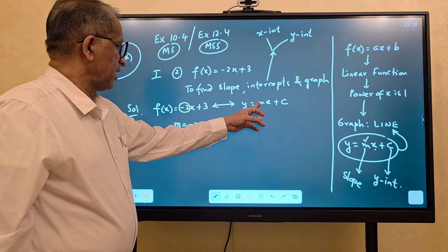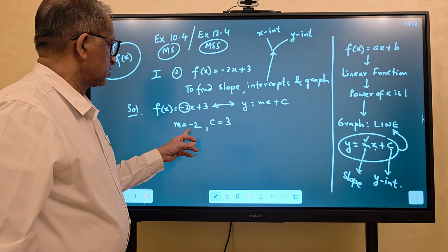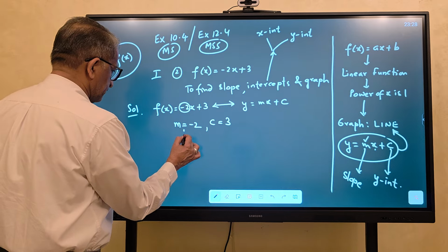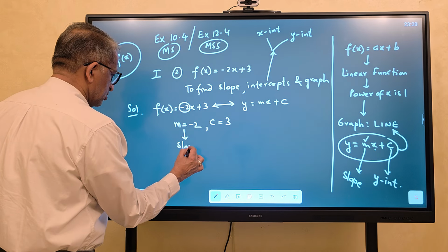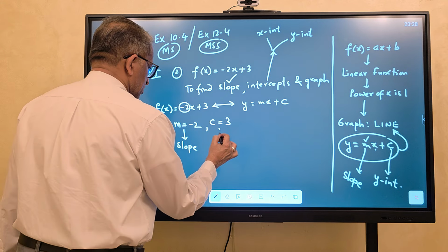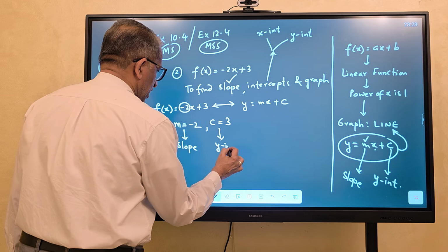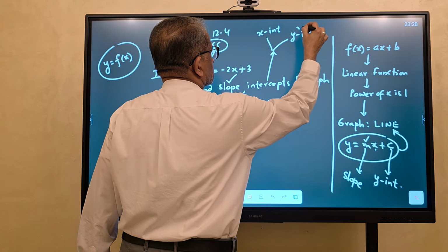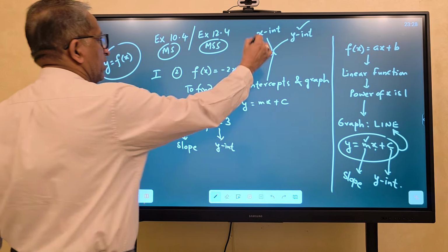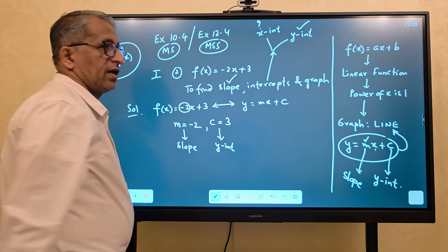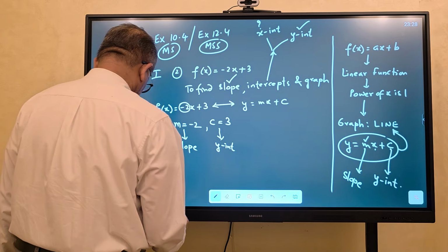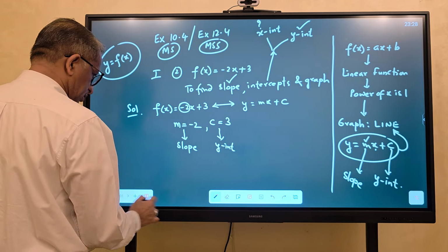The number with x is m, minus 2. The only number is c, that is 3. This is the slope, I found it. This is the y-intercept. But now I need to find the x-intercept. Let us find the x-intercept here. I will continue in the next page.